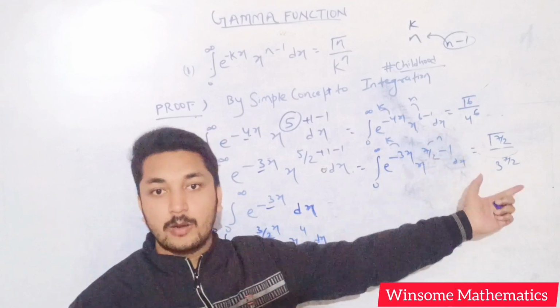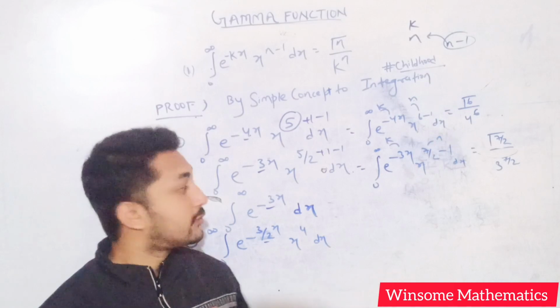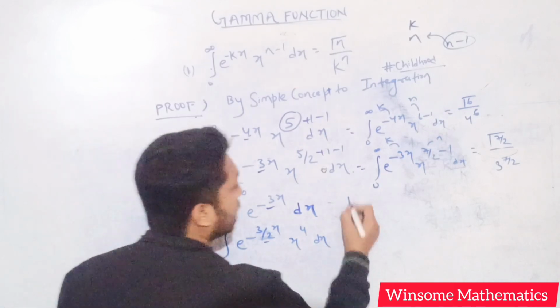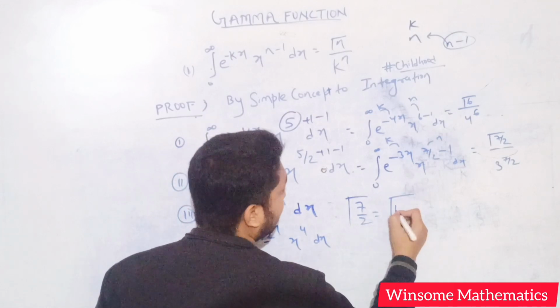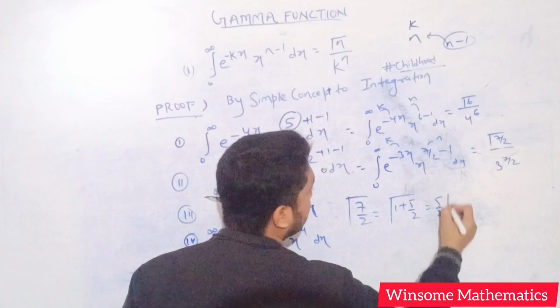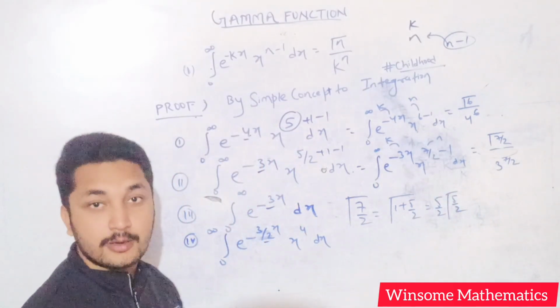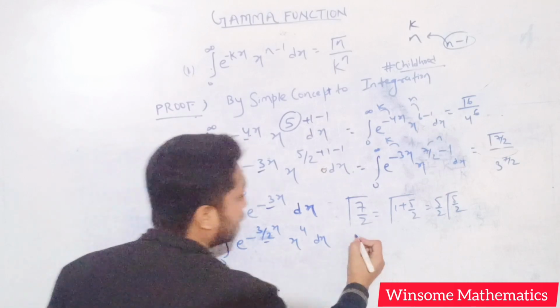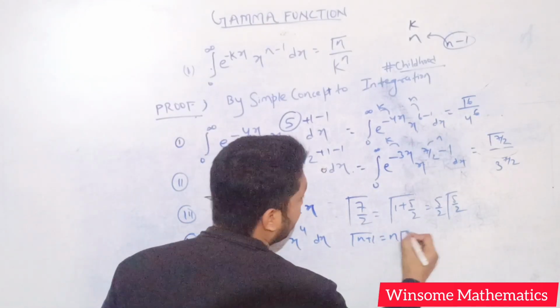Now how to solve gamma 7 by 2? I already discussed it in the previous video, so you must watch it. Simply I will tell you gamma 7 by 2 is equal to, first we will write it 1 plus 5 by 2, then we can write it 5 by 2 gamma 5 by 2. Simple, we can easily write it. I already discussed that by the recurrence relation, gamma n plus 1 is equal to n gamma n.